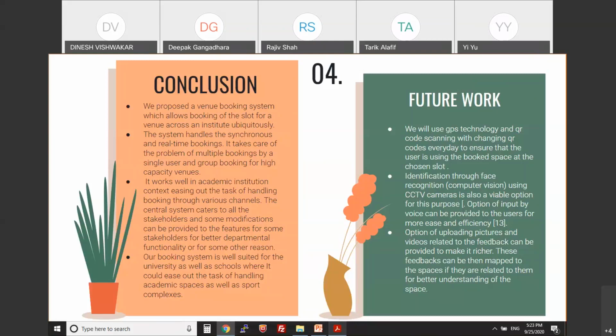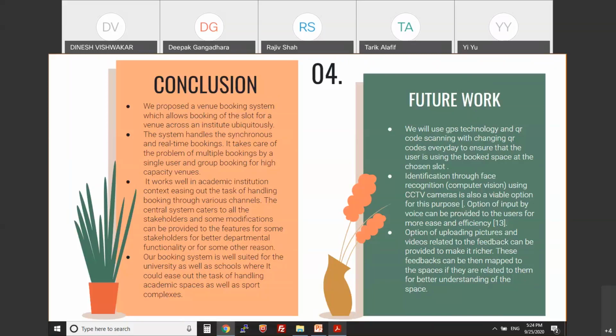So our booking system is well suited for the university as well as schools, where it could ease out the task of handling academic spaces as well as sports complexes. Now, the future work is that we will be using GPS technology or QR code scanning, with QR codes changing every day, to ensure that the user is using the booked space at the chosen slot.